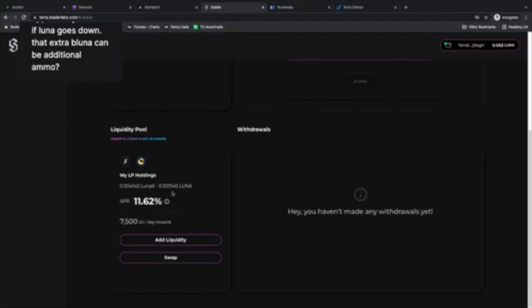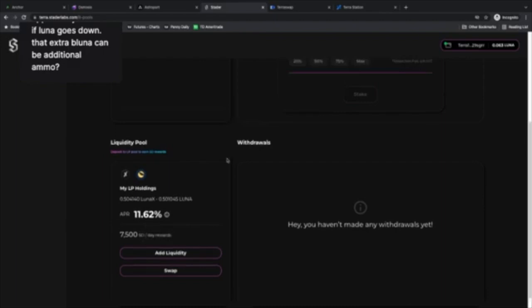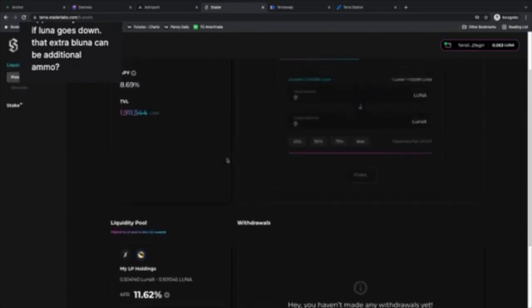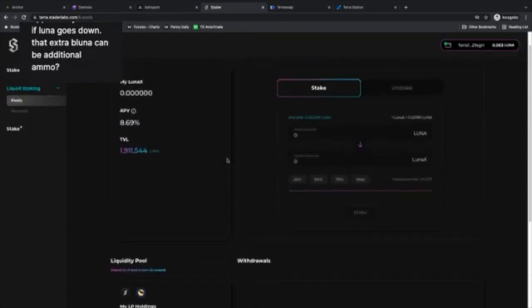A liquidity token essentially means that you are providing Luna X and Luna for people to trade back and forth between the two. Any fees that are collected by TerraSwap to do that, some of those fees come back to you, and that's increasing the value of the LP token. Similarly, the Luna X within that pool is also accruing value spontaneously, so that's also adding value to your LP token.